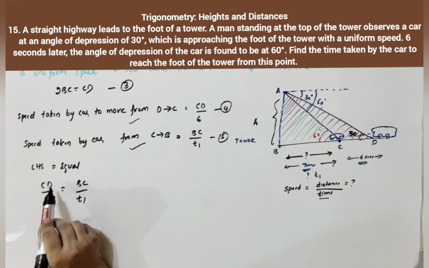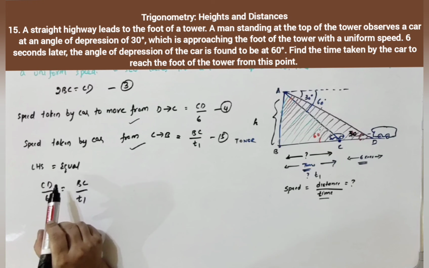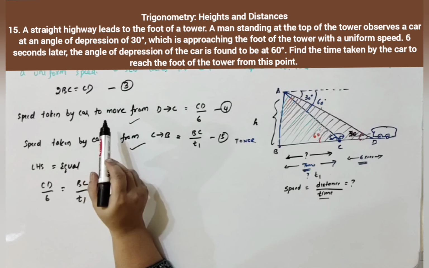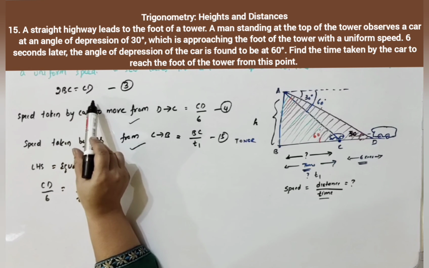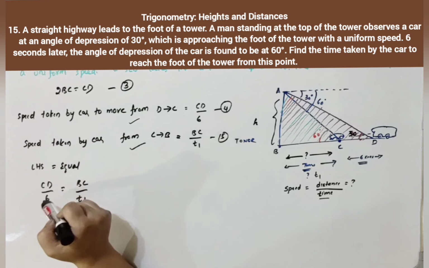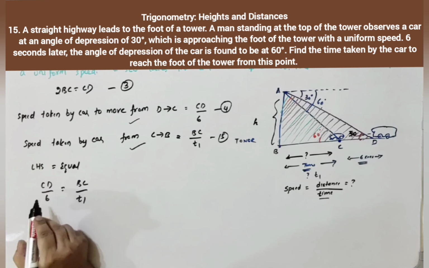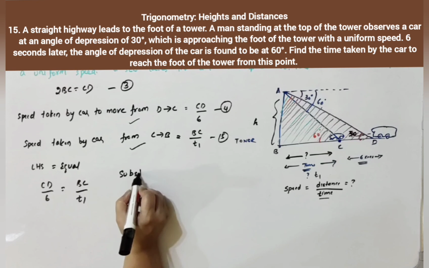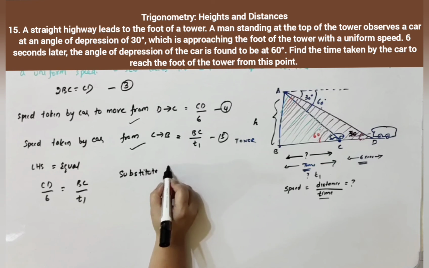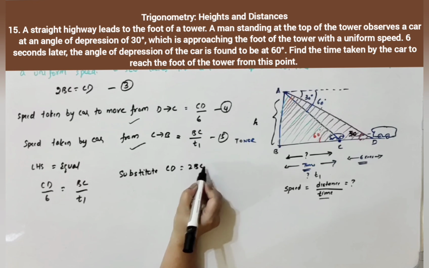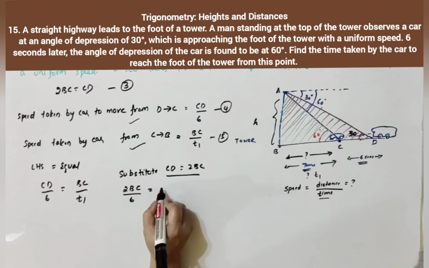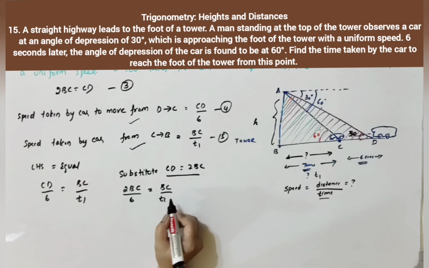Now CD, from the earlier calculations using tan 30 and tan 60, we got 2 BC is CD. Let's substitute CD as 2 BC. We get 2 BC by 6 is equal to BC by T1.